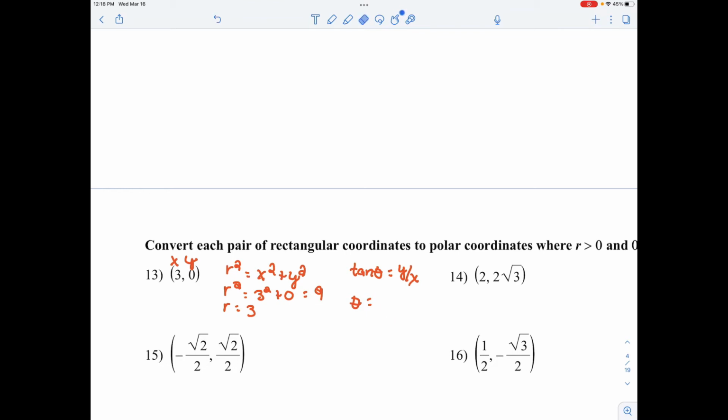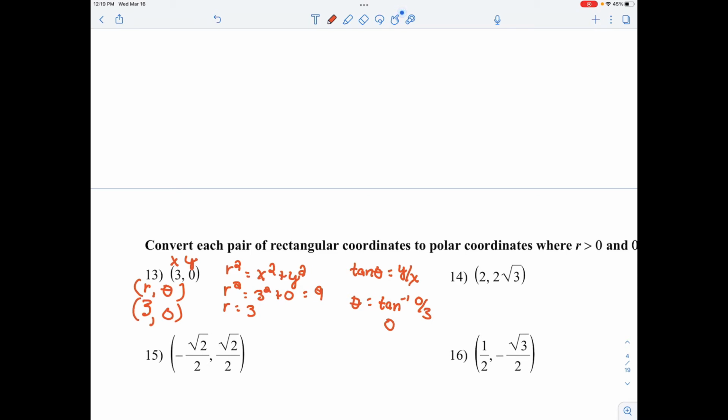Theta equals the tan inverse of 0 over 3, of y over x. So the tan inverse of 0 over 3 is 0. So that means my r is 3 and my theta is 0, so I'm going to write this as (r, theta).